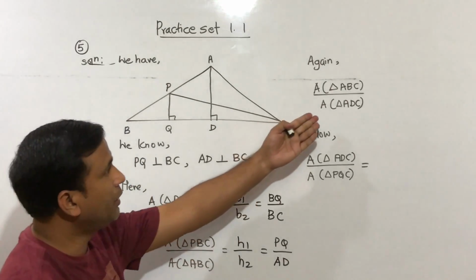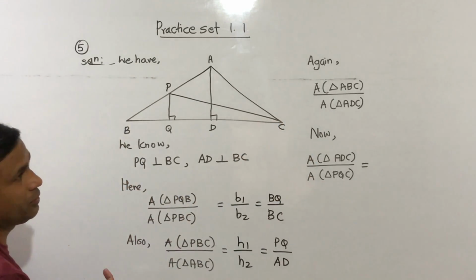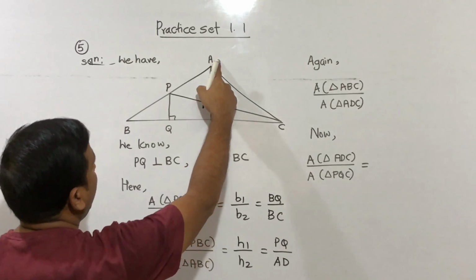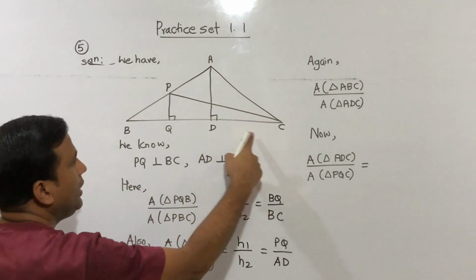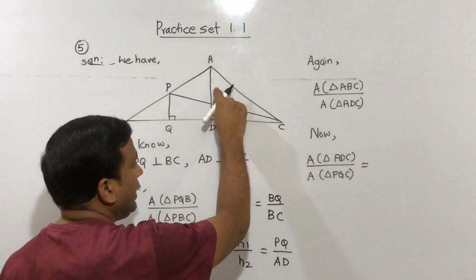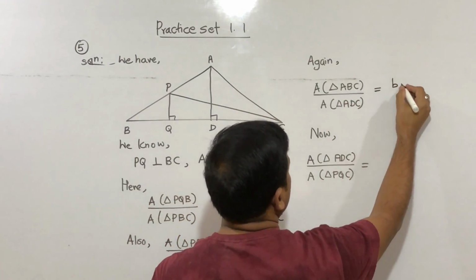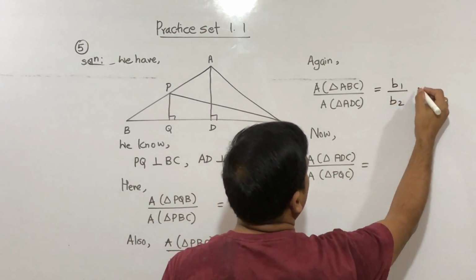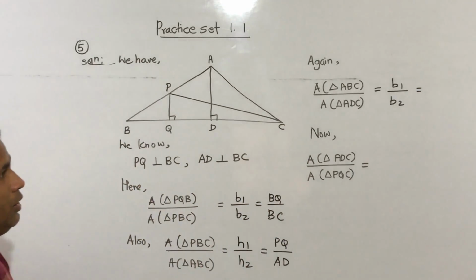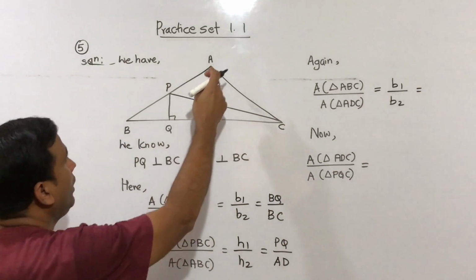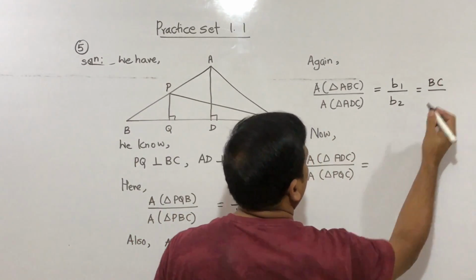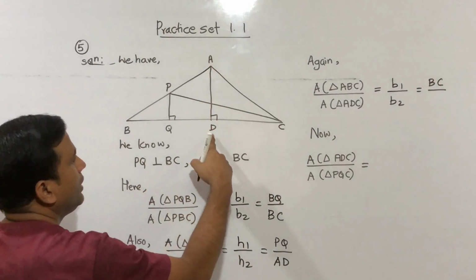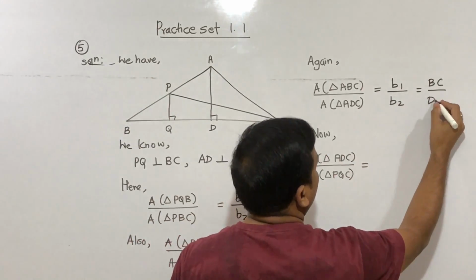Now we move to the third one. They are asking you to find the ratio of triangle ABC and triangle ADC, where the height is equal. So you get the ratio of the bases B1 upon B2. The base of triangle ABC is BC, whereas the base for triangle ADC is DC.